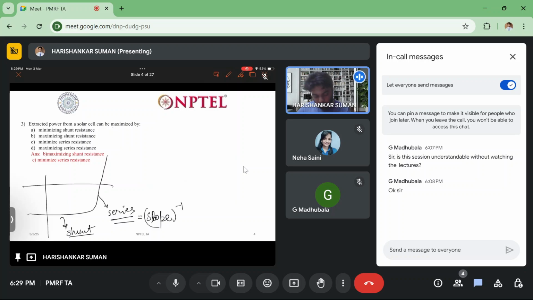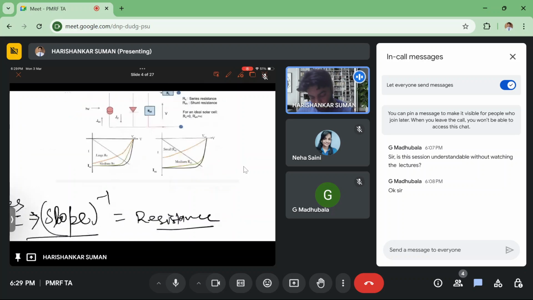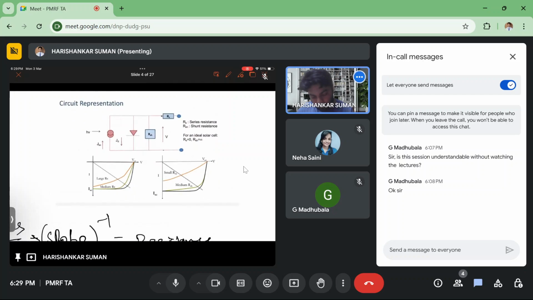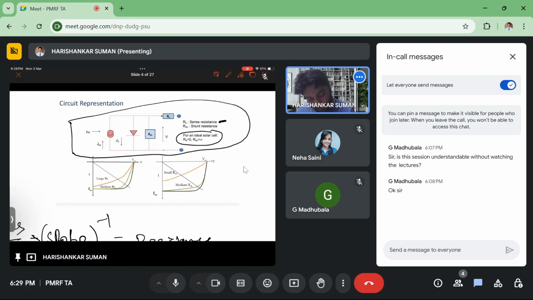Slope inverse equals the resistance. Please remember this. This is the simple form, V equals IR. In the ideal case you can also check the series resistance in the circuit for a solar cell. For ideal, series resistance should be 0 and shunt resistance should be infinite.